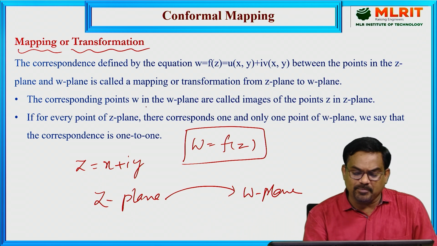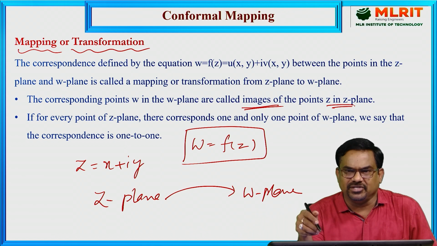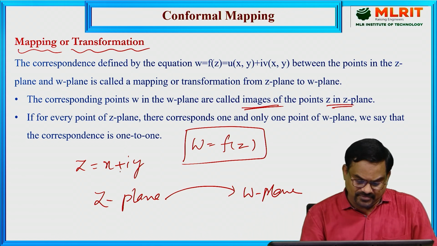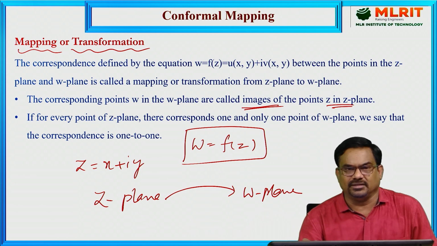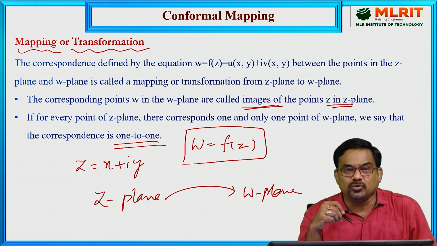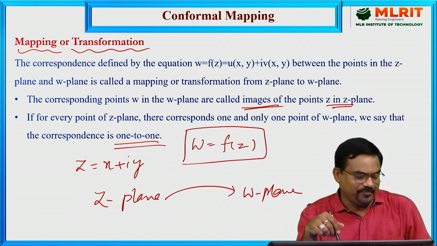The corresponding points w in the w plane are called images of the points. That is the usual definition of a function or a mapping. For every point of the z plane, if there corresponds one and only one point in the w plane, then the correspondence is said to be a one-to-one correspondence or one-to-one mapping. This is the introductory definition.